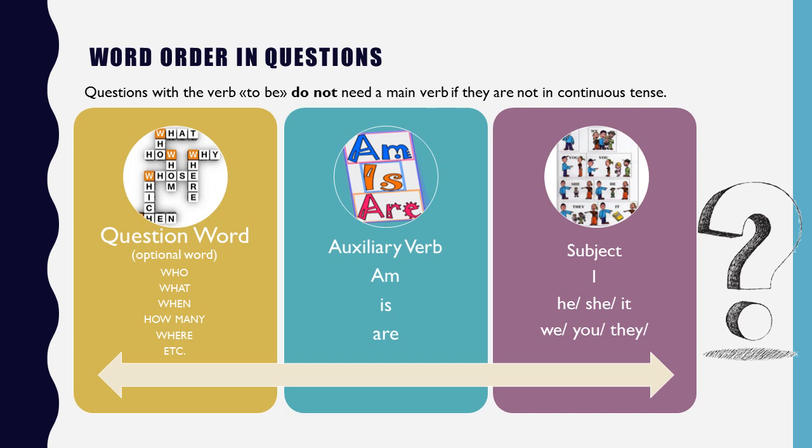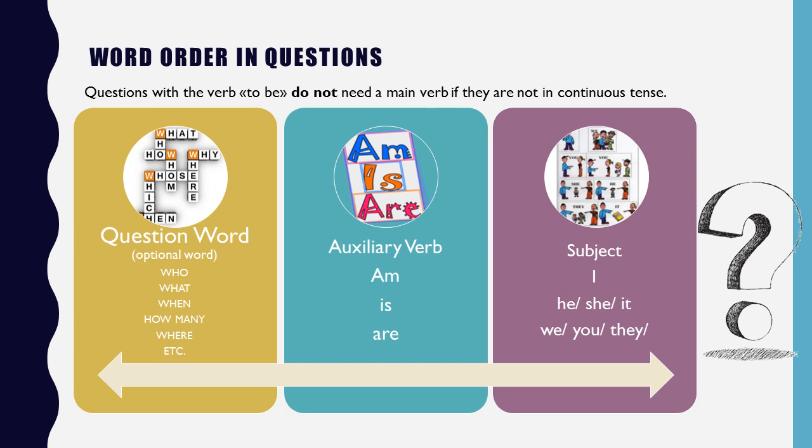Here we have an important note that says questions with the verb to be do not need a main verb if they are not in continuous tense. We are going to see later on with the other type of questions that we will see today that it is not necessary to have another verb with the questions that have the verb to be.